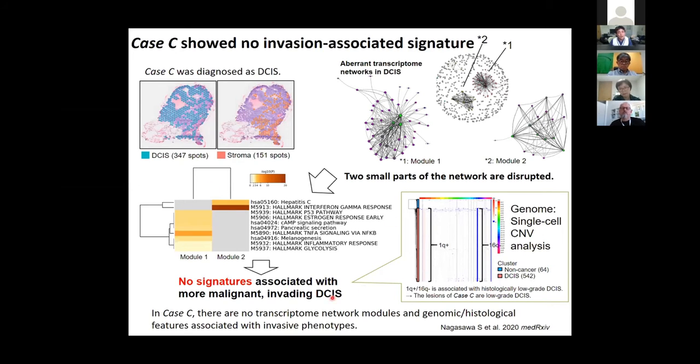There were no enriched malignant looking pathways, and no GO terms were enriched. And the network analysis showed that the disrupted networks were at the minimum level, only 2 networks were disrupted. So even at the molecular level, this cancer looks relatively benign.